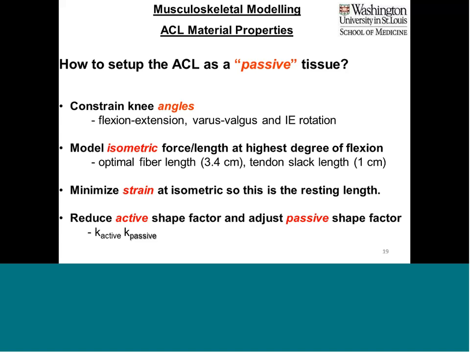The other thing you want to do is make sure that ACL forces do not go beyond the 1,000 to 2,000 Newton range that we see in normal human ACL biomechanics, by adjusting the shape factors. The K-active shape factor you really want to reduce, because there's no activation, so you want to almost put it down to 0, and the K-passive shape factor you want to adjust so that your range of ACL forces remains between 1,000 and 2,000 Newtons.